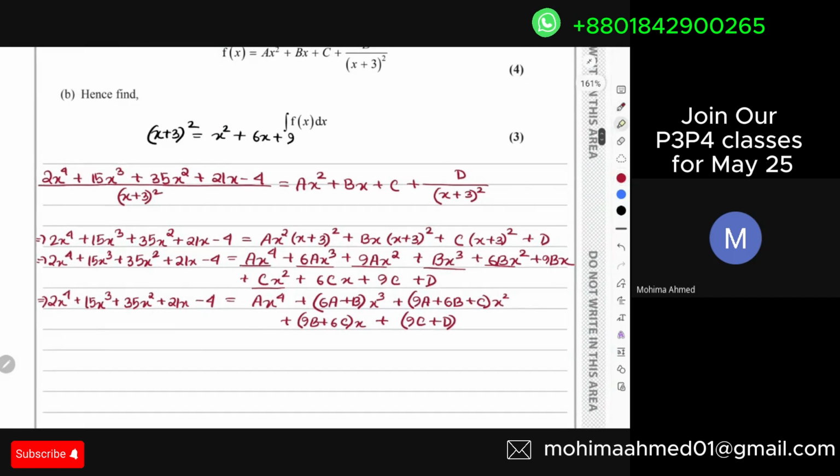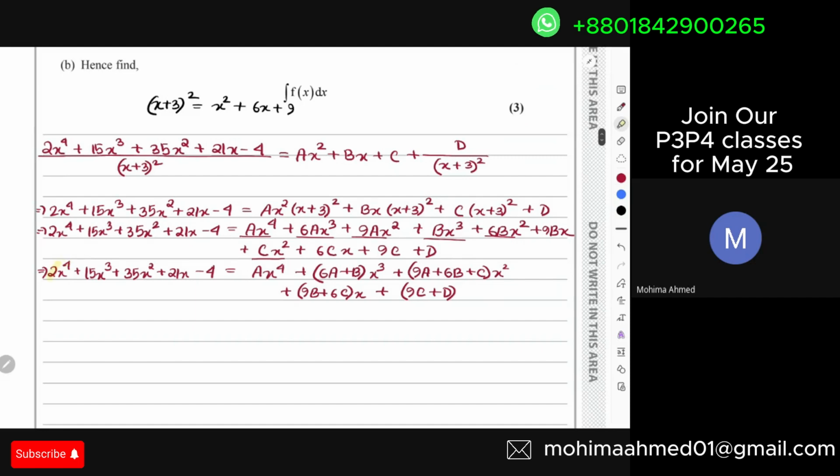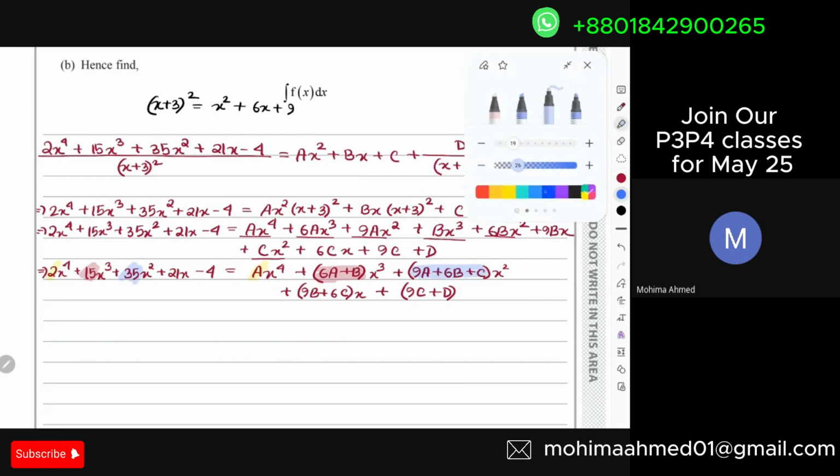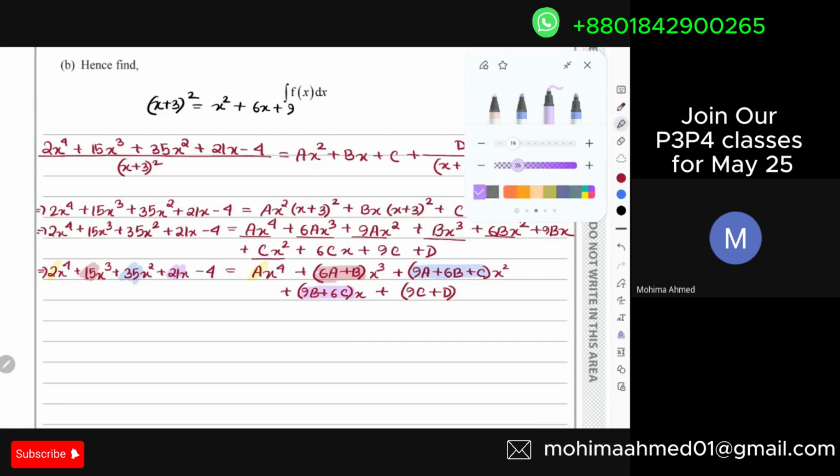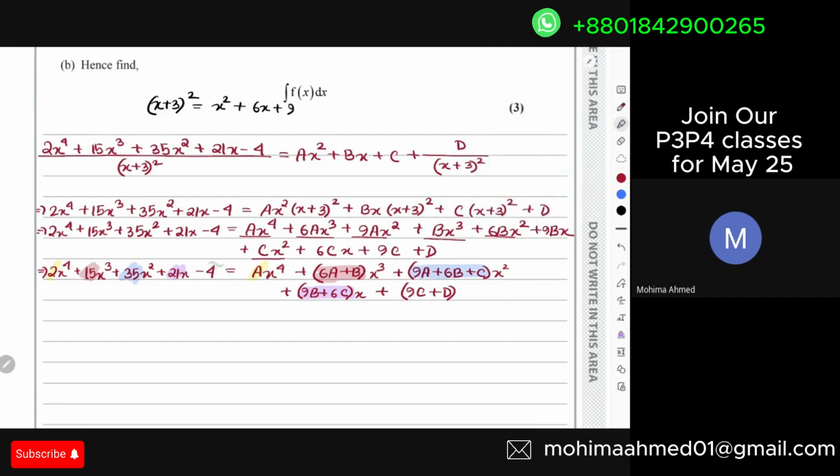So if I write this equation, 2 over here is equal to a, 15 is equal to 6a plus b. Then again your 35 is equal to 9a plus 6b plus c. And 21 is 9b plus 6c. Minus 4 is equal to 9c plus d, right?